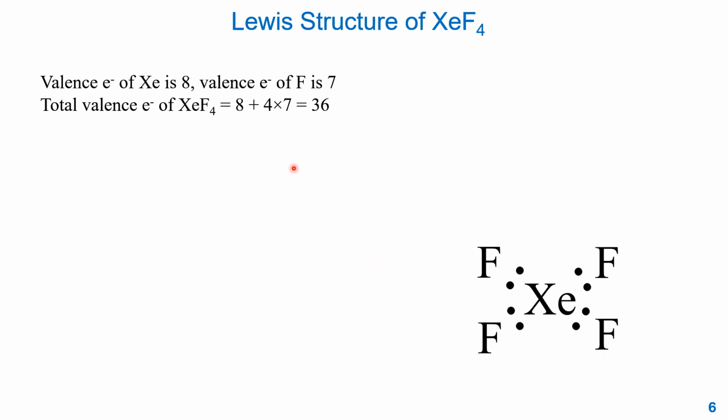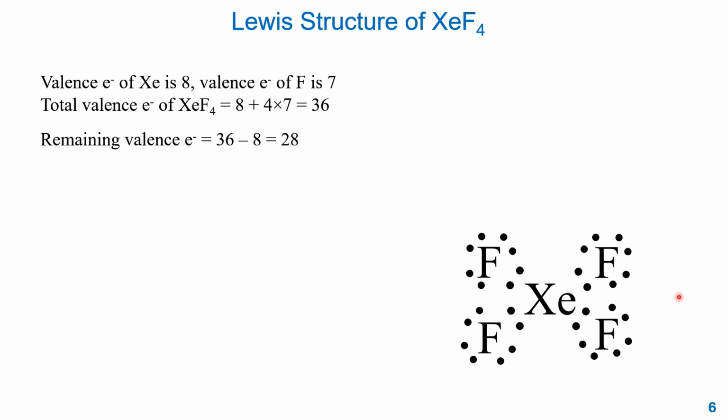So you have 36, and you use 8 electrons here. 36 minus 8 is 28, so you have 28 left. Each fluorine needs 6 more, so 4 times 6 is 24. You use 24 to fulfill the octet for the surrounding fluorine, but you still have 4 electrons left.